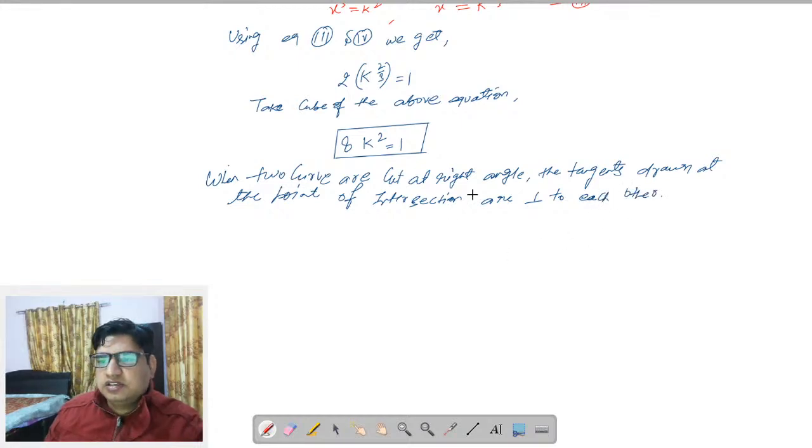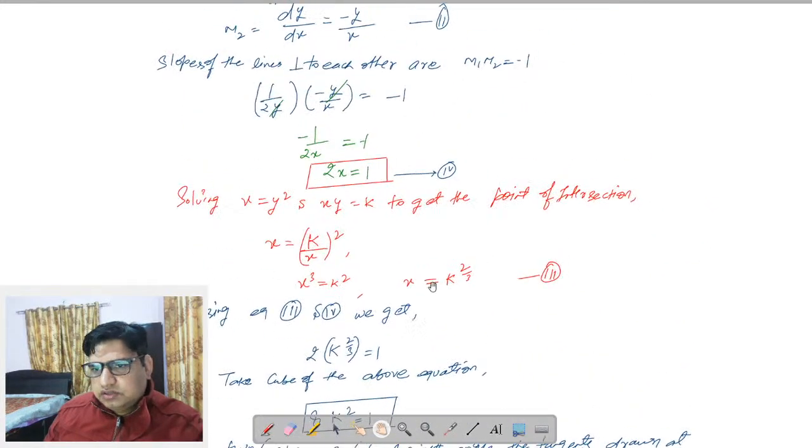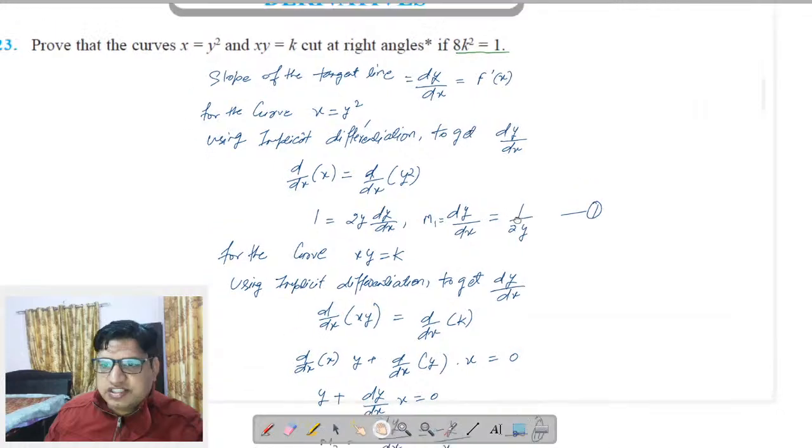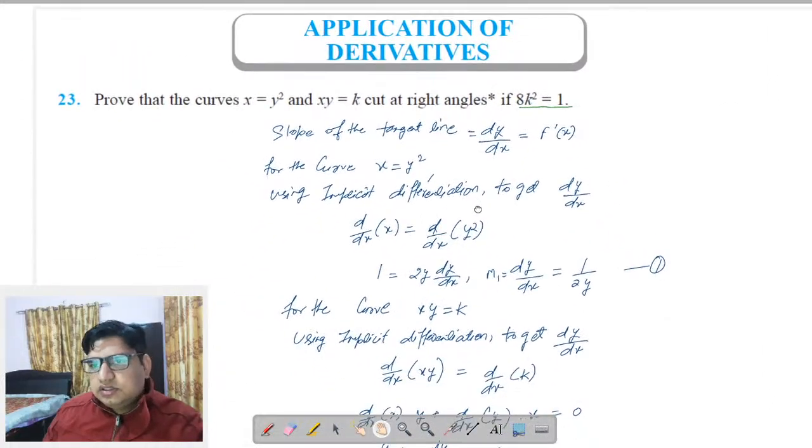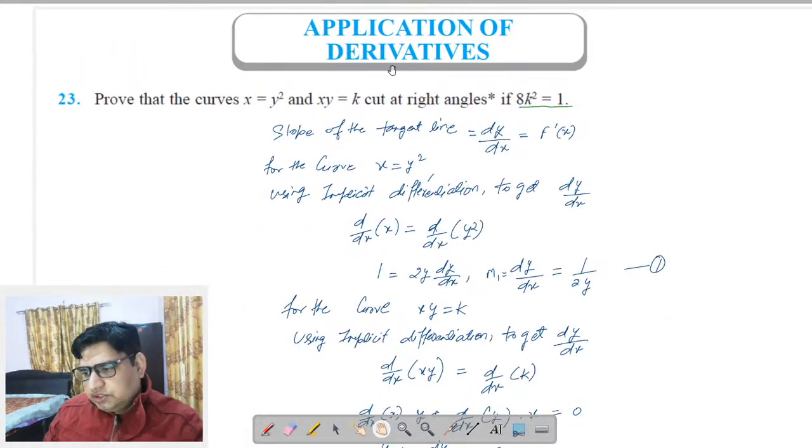Okay, so this is the required theorem or required concept that we have used in this question.